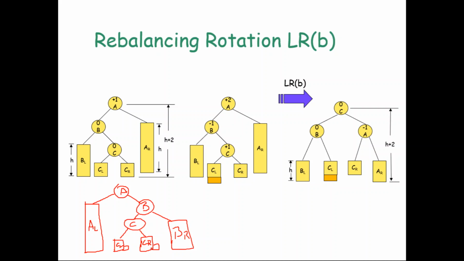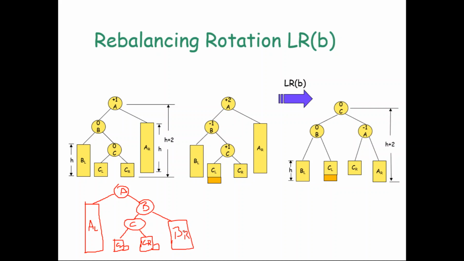In the first case, if I assume that the insertion is done here, then you have to rotate B to the right. When you rotate B to the right, what happens? C will become the root and CR will become the left of B. In the second case, when you perform insertion in CR, again you have to perform a right rotation.